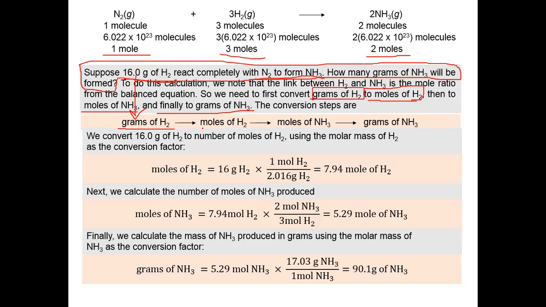So we need to find how many moles of hydrogen we have from 16 grams. Then we convert it to moles of ammonia according to this reaction here. And once we find the number of moles of ammonia, we can find the grams of ammonia. That's the approach.